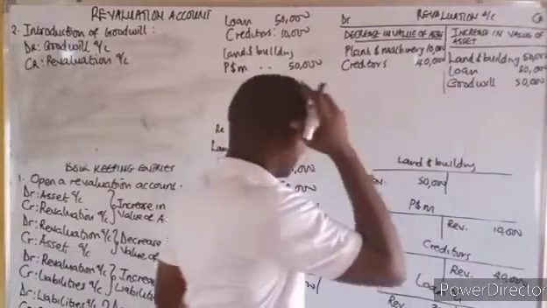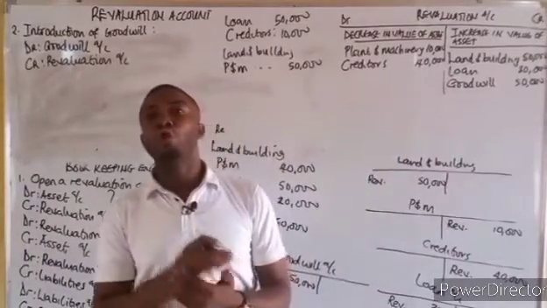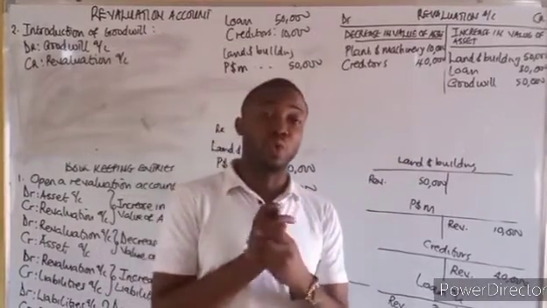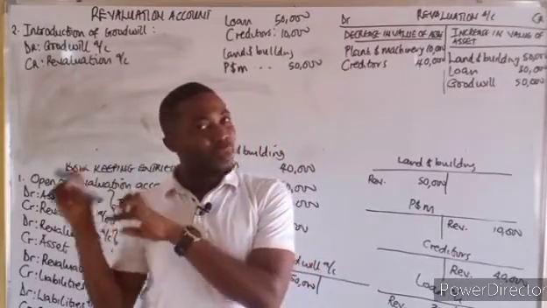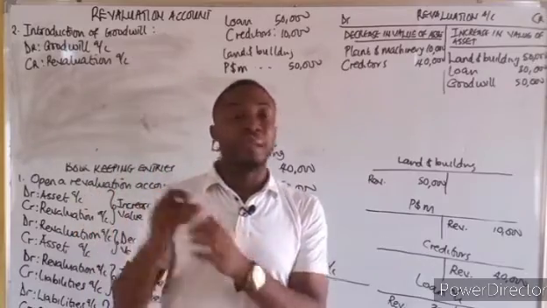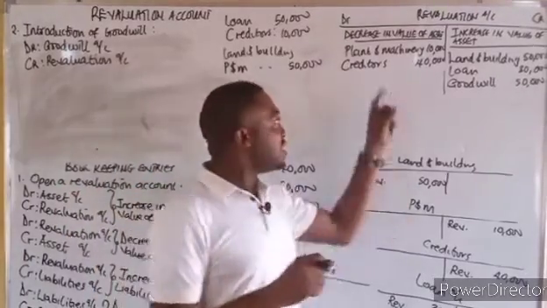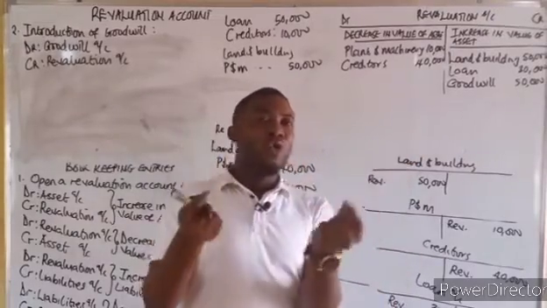Okay, so in this situation, the profit will be posted using their old profit or loss sharing ratio between the former partners, not the new partner. Okay, not the ratio that involves the new partner. We are going to share the profit among the old partners.